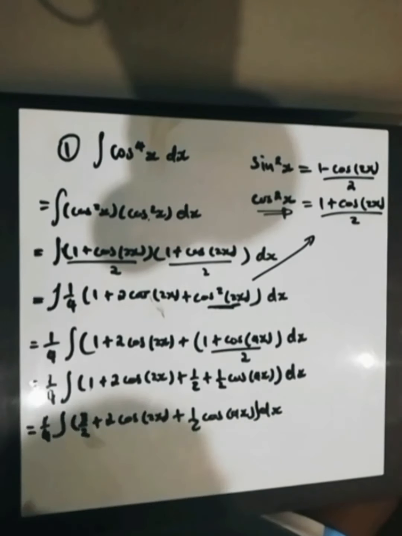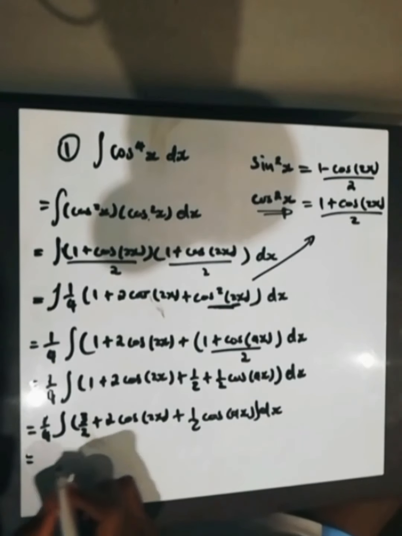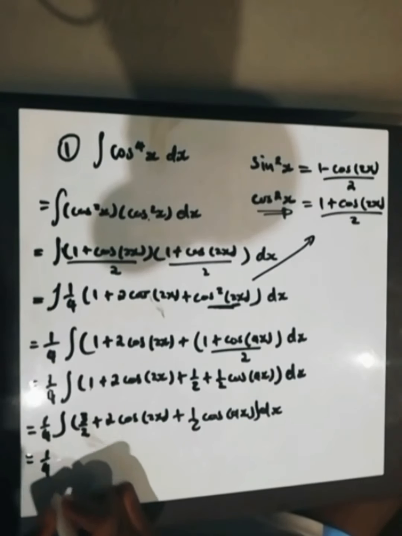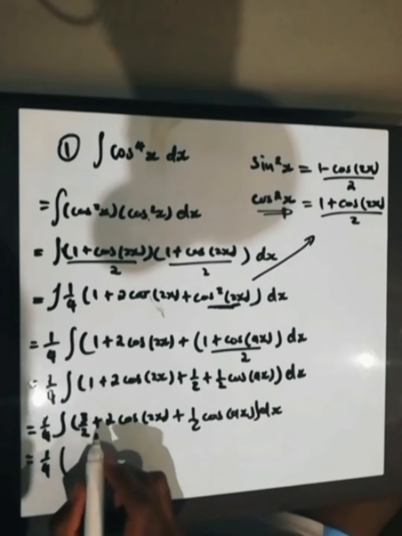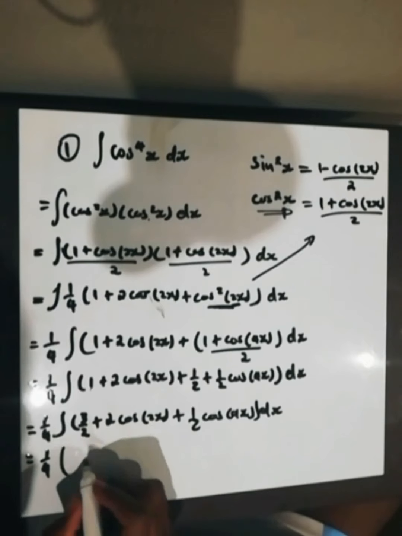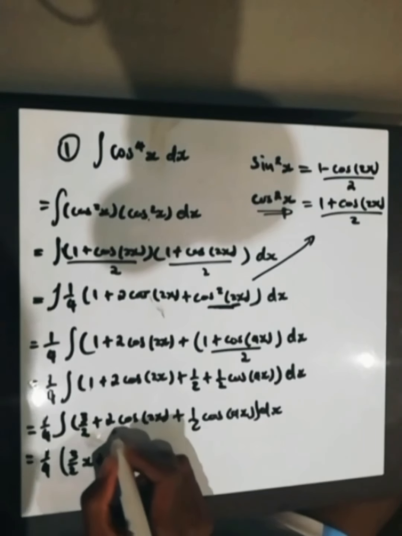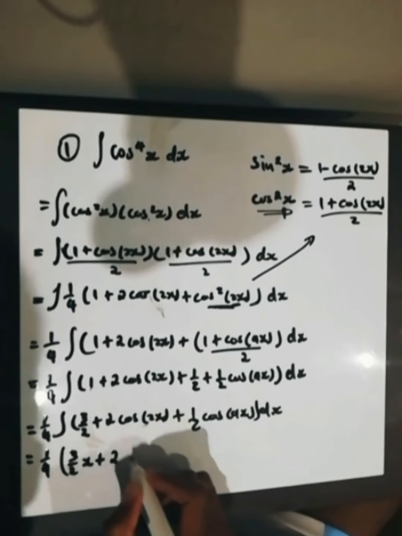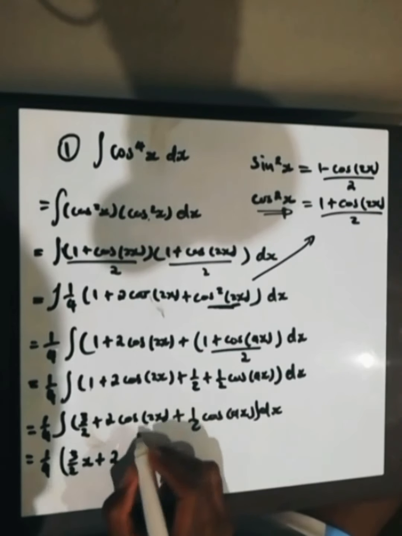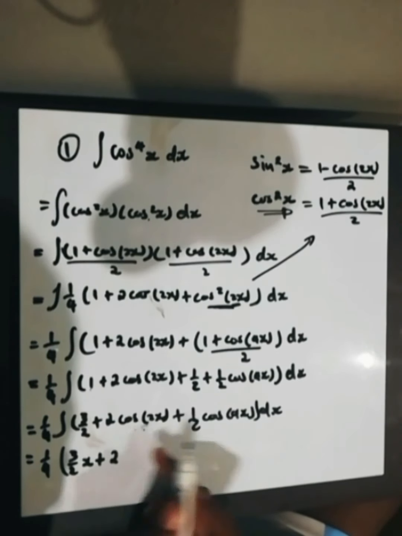Now that our problem is in its simplest form, we can start to integrate. We still have 1 over 4 here. What is the antiderivative of 3 over 2? It becomes 3 over 2 x, plus we keep the 2 as it is. We can use substitution to integrate this, but we can also use a shortcut.